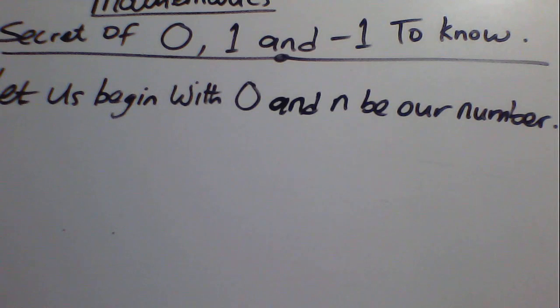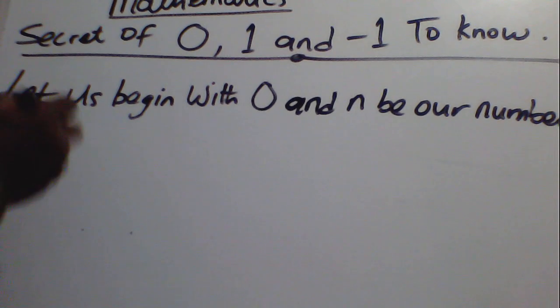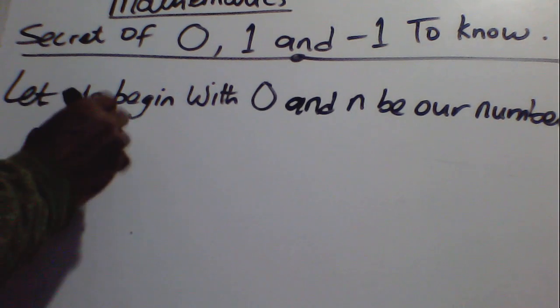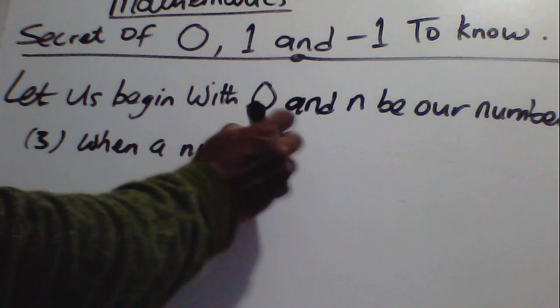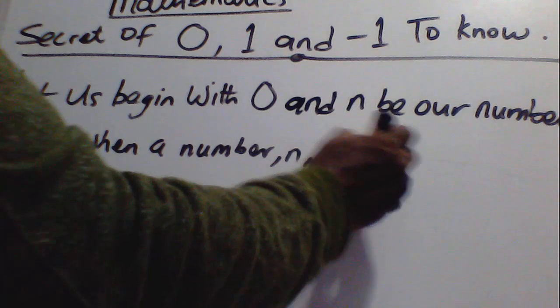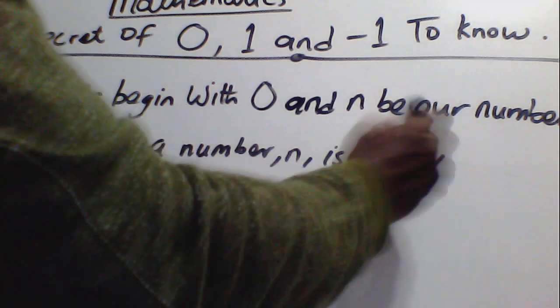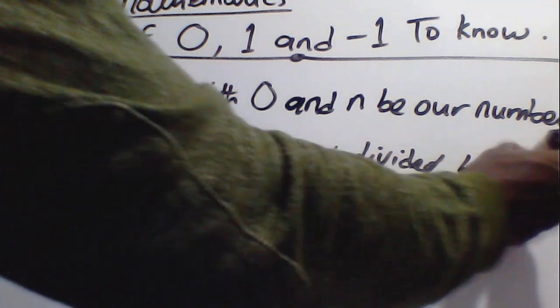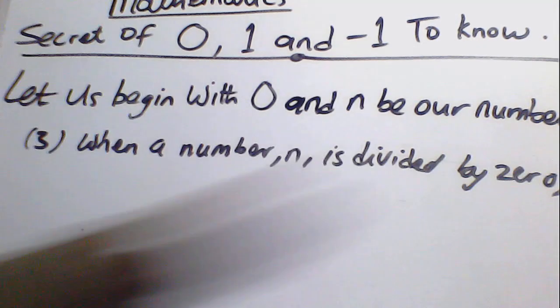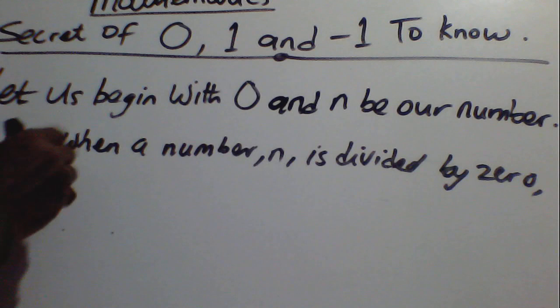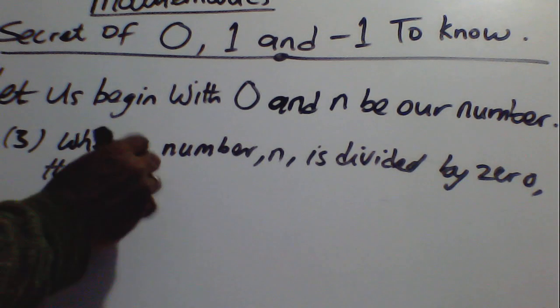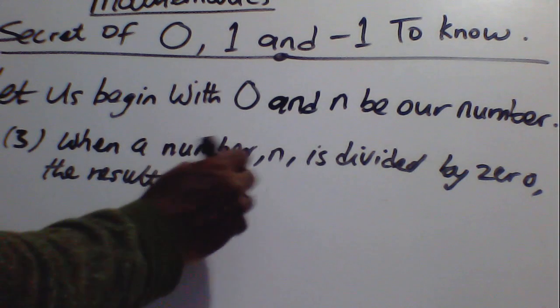So the third thing you have to know is that when a number n is divided by 0, the result is indeterminate.